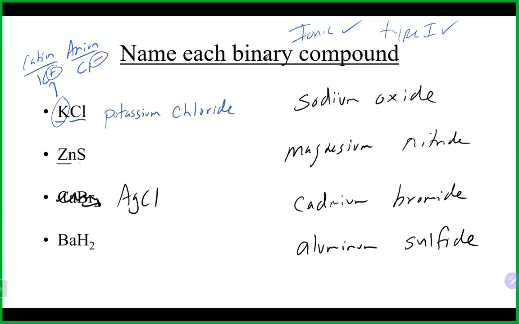Next is zinc, which is a metal, and S, which is a nonmetal. So that tells you, once again, it's ionic. We look at the zinc. It is not a group 1, group 2, or group 3, but it is one of those transition metals that does have a fixed charge, one of the 3 exceptions.